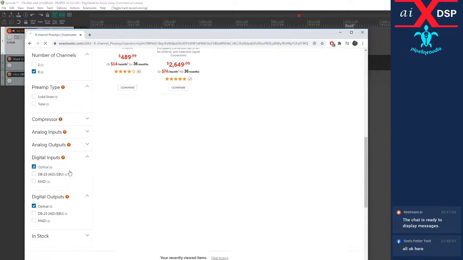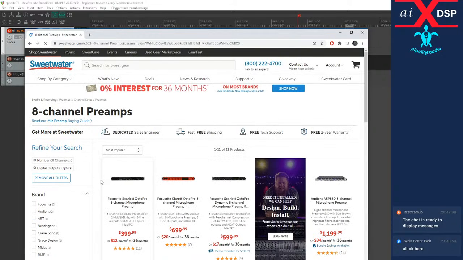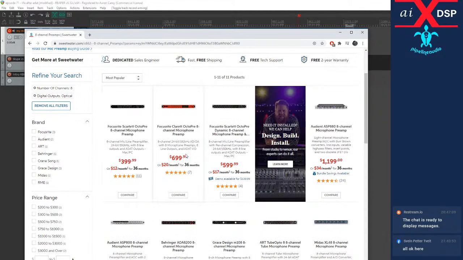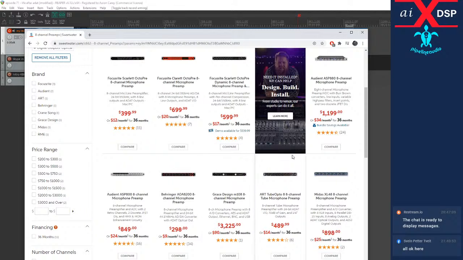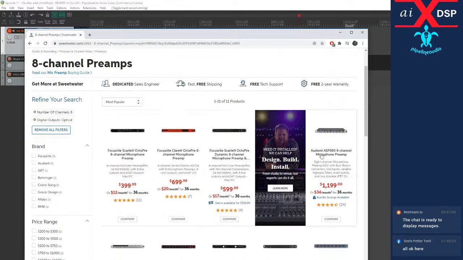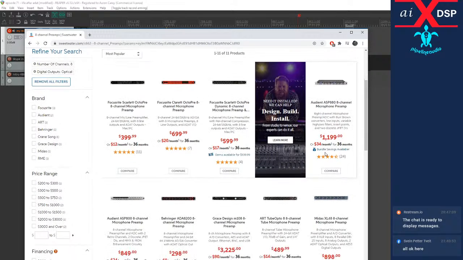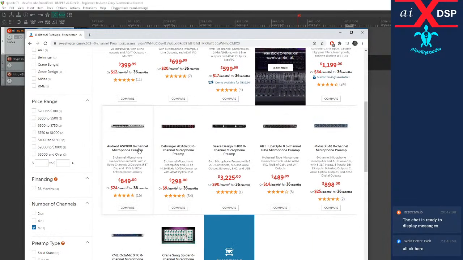I'm going to take off the digital inputs, and let's see what we got now. Same things. Of course, the Scarlett Octopre with just the ADAT out. And another Audient, which is even more money. I don't know why, but yeah.